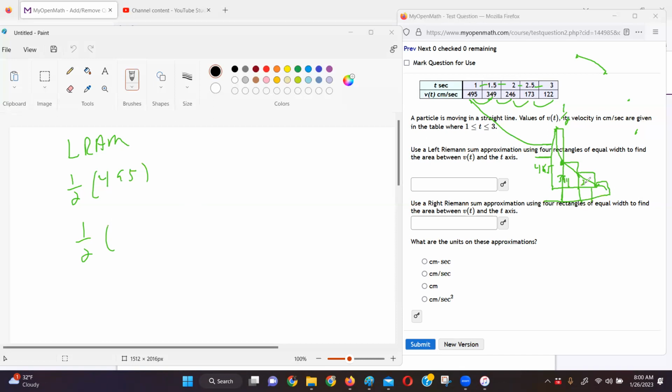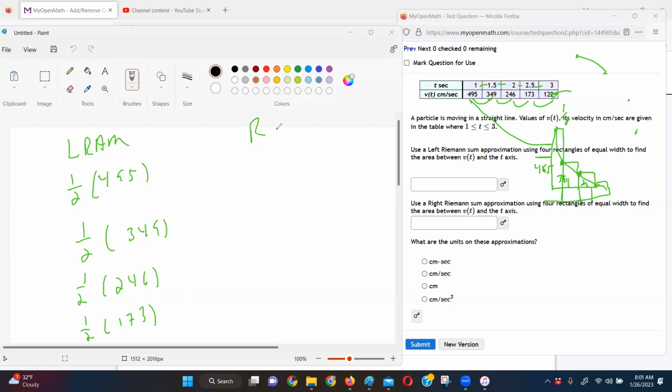This next one is 246 high because that's how far it is from the x-axis up to the curve. So let's see. So we're going to do 1/2 times 349. So there's two rectangles. 1/2 times 246, which is the third rectangle, and then 1/2 times 173. So notice I'm not using the 122 number when I'm doing the LRAM.